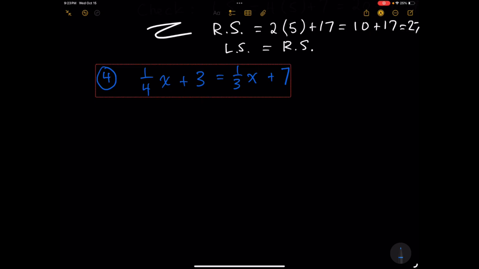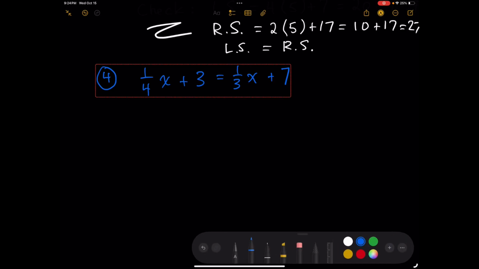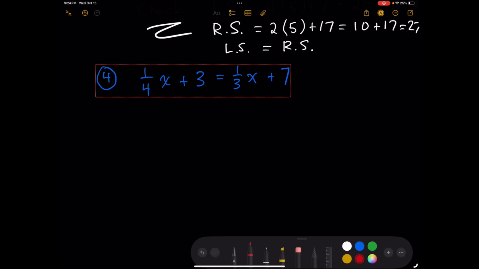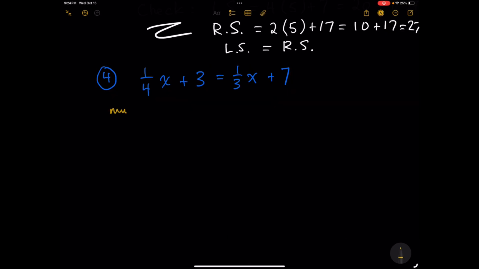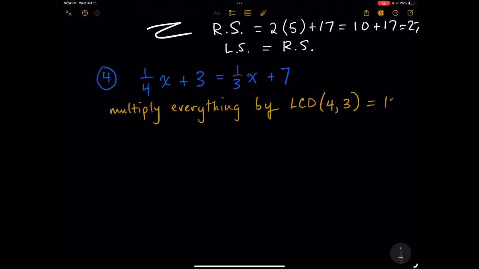Now we could still use our little boxes and rectangles and everything else if we wanted to. But sometimes when you get a fraction, a nice strategy is to multiply everything by the lowest common denominator of 4 and 3, which is equal to 12.